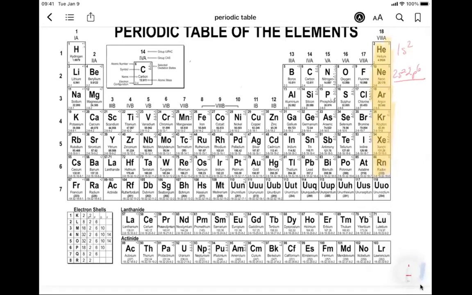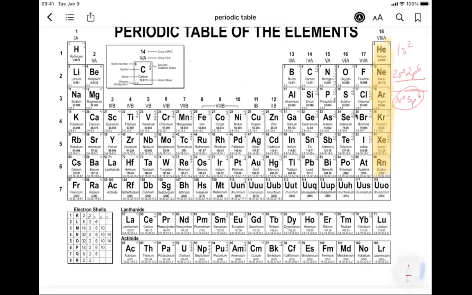Argon, same thing. You've got 1s2, 2s2, 2p6, and then 3s2, 3p6. Again, a full outer shell configuration. Every other element on the periodic table does not have a full electron configuration in its outer shell.